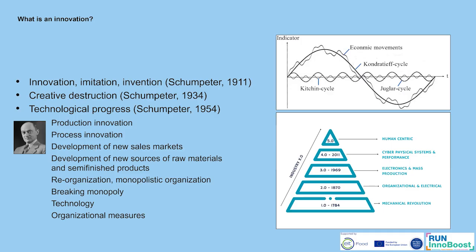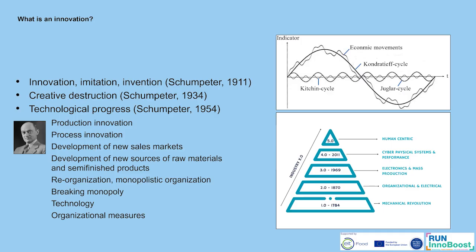Innovation for Schumpeter is a creative destruction. So it's always the questioning of old products and implementing new products. And it's a technical progress. And this progress is, for example, highlighted in the pictures on the right-hand side.